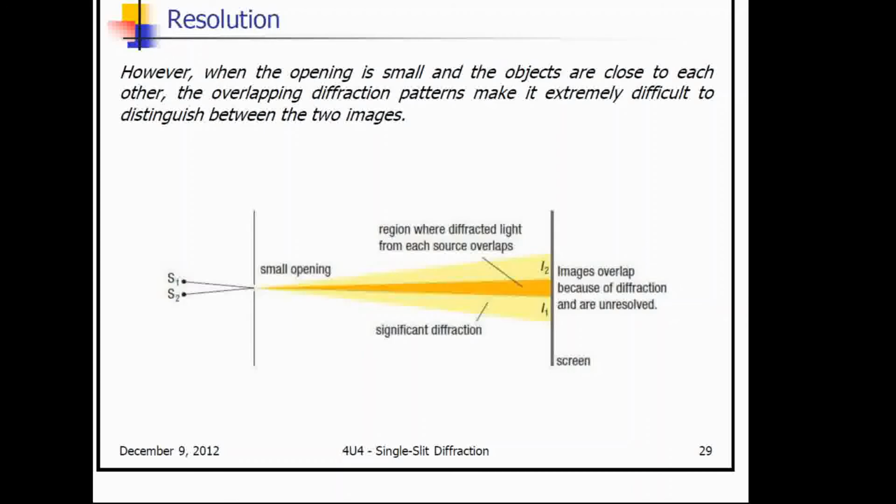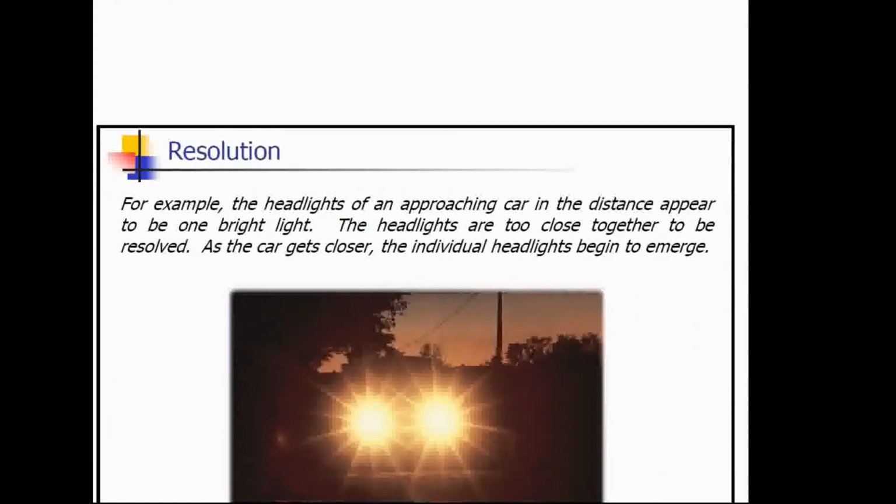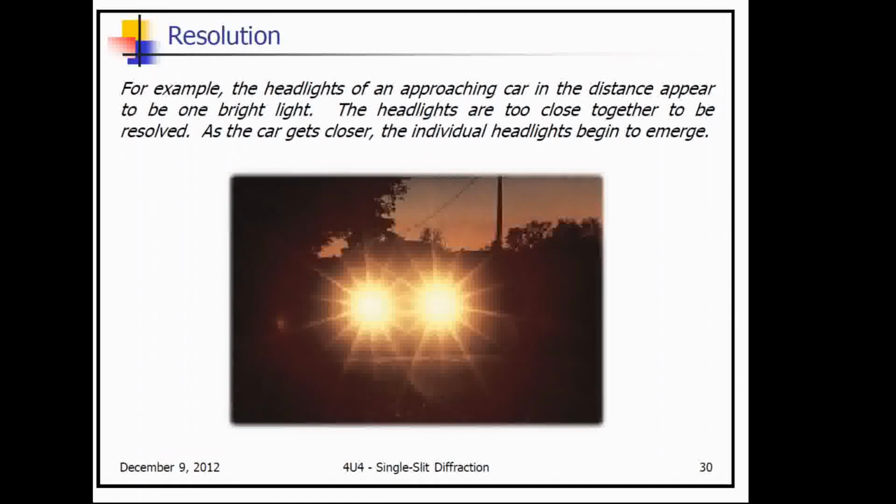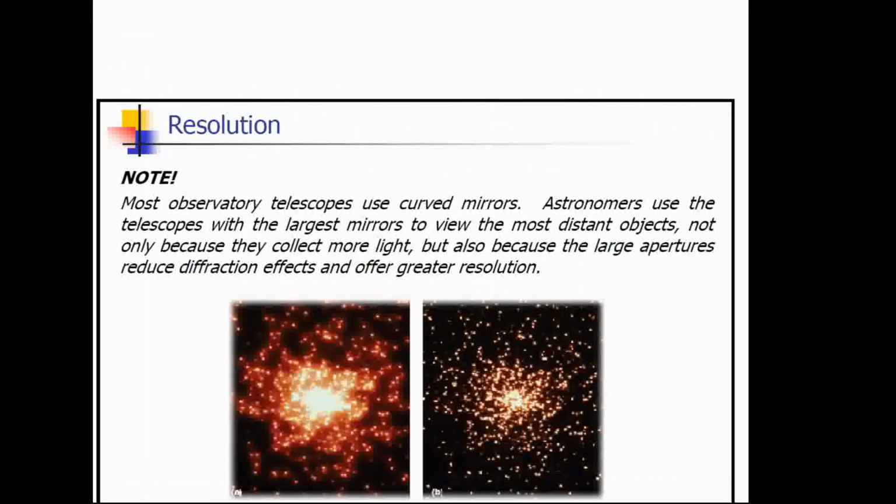So this is considered unresolved, so it's hard to see. This happens with headlights, for example, on a car. In the distance, it's hard to see two headlights if a car is far away, because the lights appear as if they're one light source. As the car gets closer, we end up seeing that it is actually two headlights that cause that.